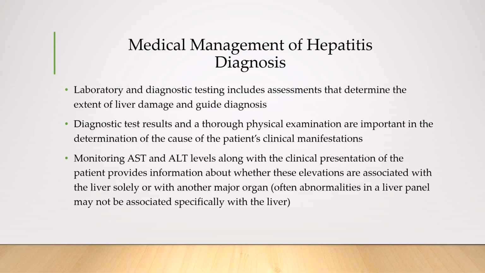So, the doctor will monitor the AST and ALT levels along with the clinical presentation of the patient, and this will provide information about whether these elevations are associated with the liver alone or with another major organ. Often, abnormalities in a liver panel may not be associated specifically with the liver.